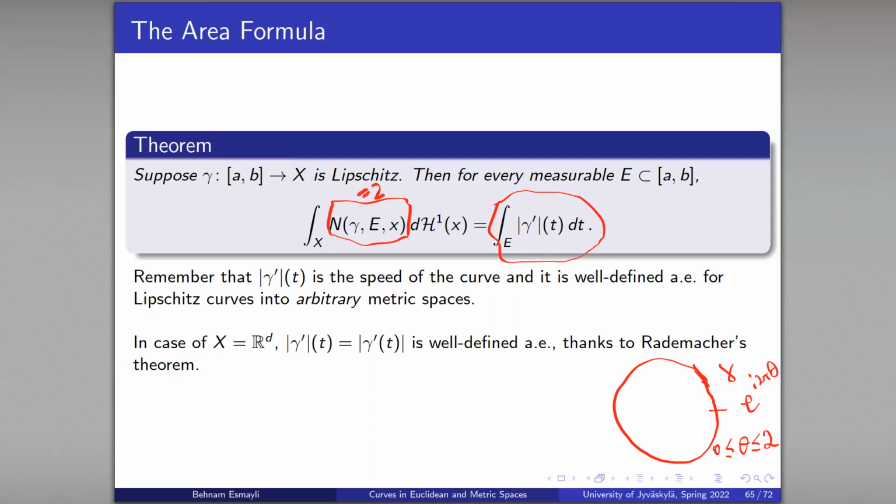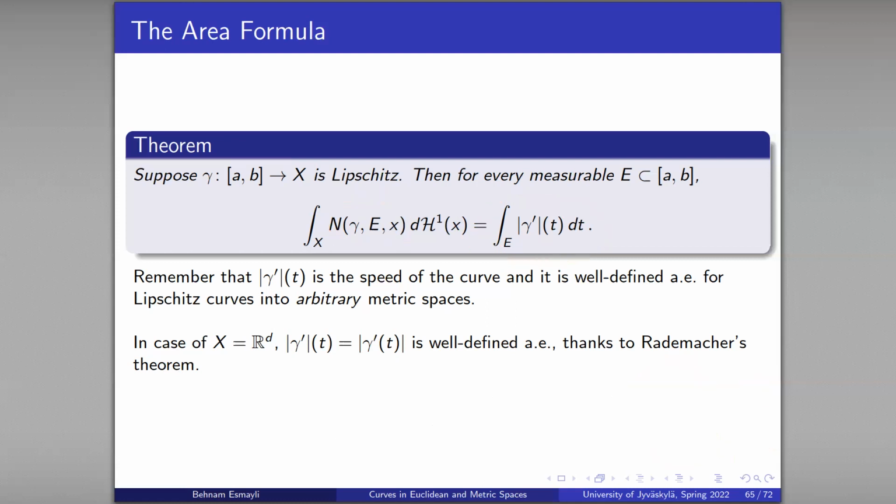So its integral will be twice. That will be integrating 2 over S1 dH1, and this will be 2 times H1 of the circle, which is equal to just the length of the circle. And therefore, this holds. So that's how the multiplicity saves the day.